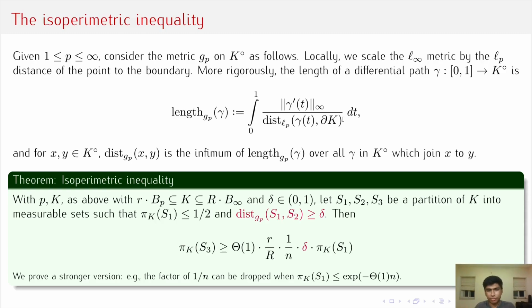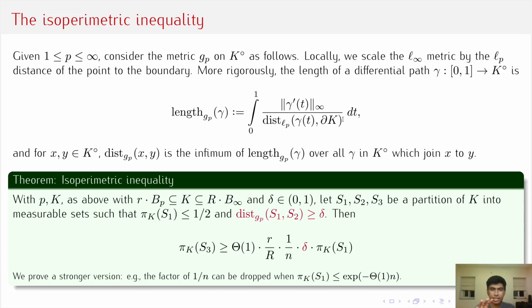The significance of course depends on the volume of, say, the smaller of S1 and S2, as well as the distance between S1 and S2. And actually our proof is stronger than this, and it shows that this isoperimetric inequality is stronger when the volume of the smaller of the two sets, S1, is incredibly small, so it's exponentially small.